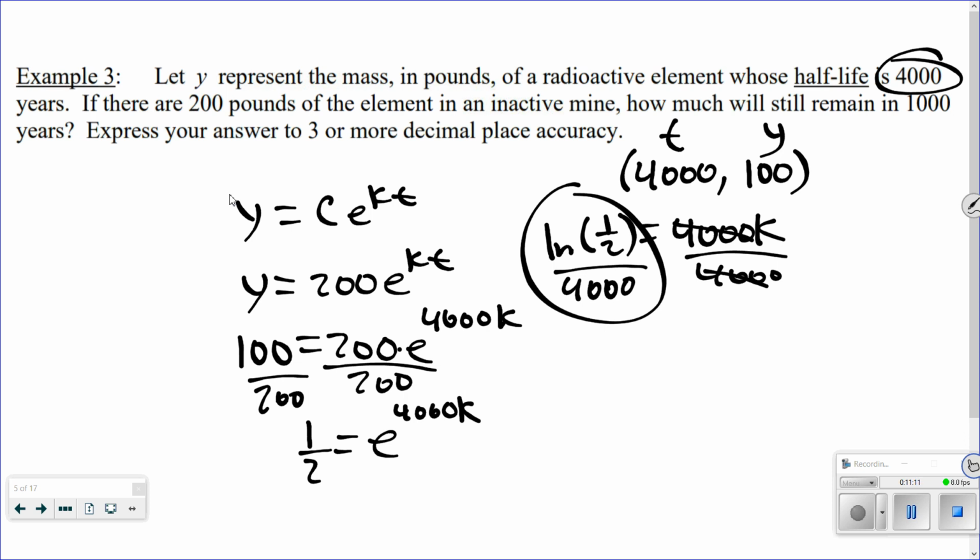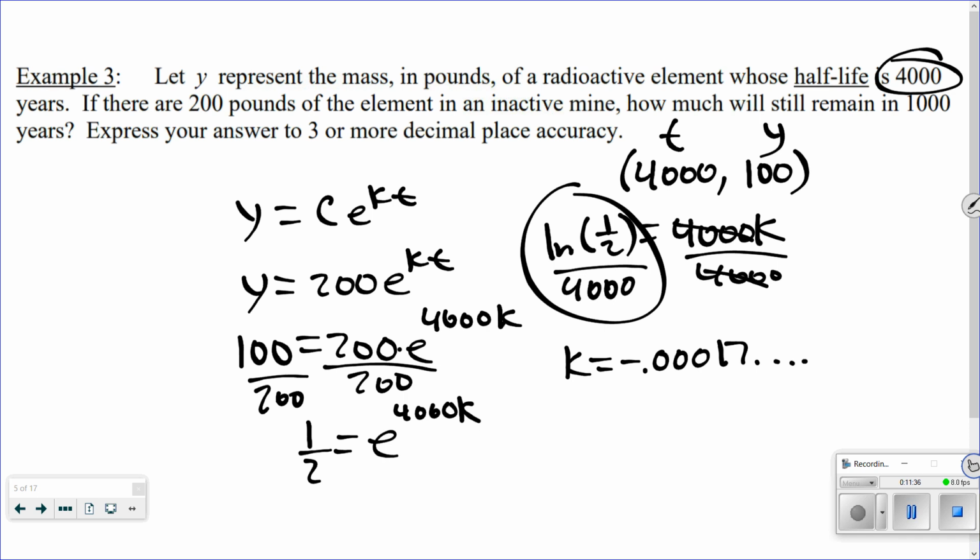So K is equal to negative 0.00017. You know, it just keeps going after that. Now, if I round that off, that's going to cause my second answer that I'm going to have to find here to be inaccurate. So what we can do instead is I want you to store that in your calculator.